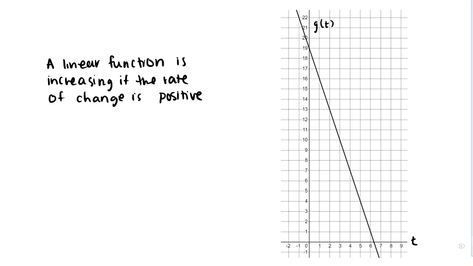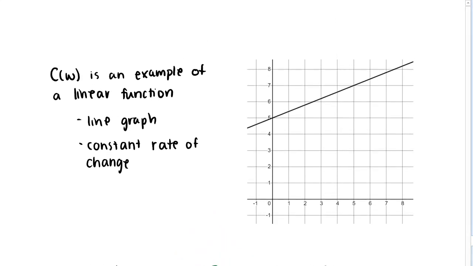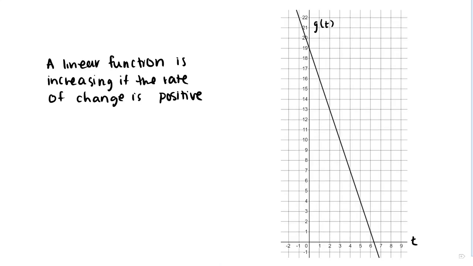And we saw this example for one of our previous graphs, right? Here we have this graph of the cost to ship a package with weight W, and we saw that the rate of change was 0.40. The cost increased by 40 cents per pound, and we can see that the rate of change here is positive. The graph of this function, it's increasing. Whereas here for this function, we saw that the rate of change was negative.